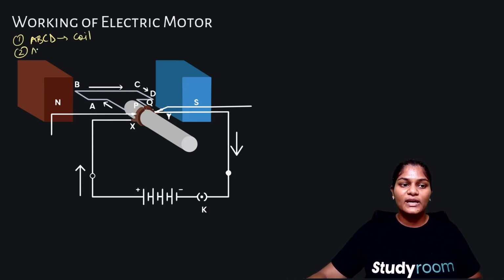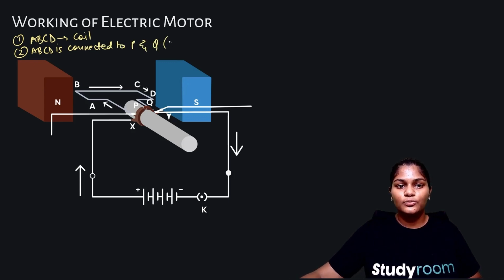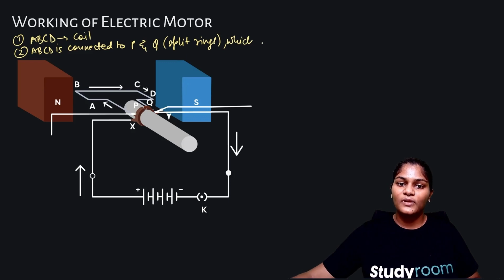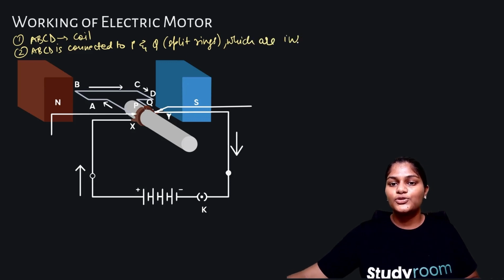Second point: ABCD is connected to the P and Q split rings, which are insulated on the inside.